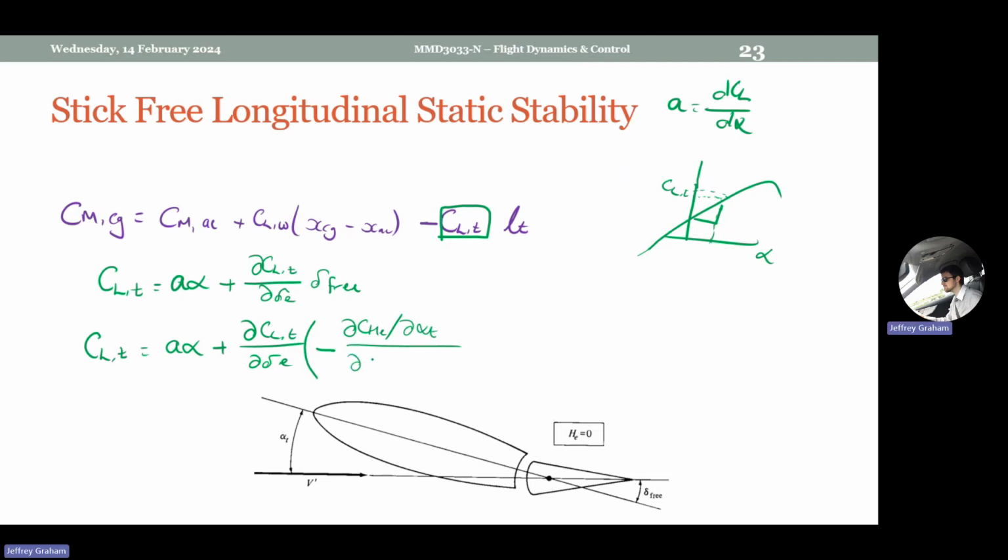The second hinge moment, which is based on the elevator, multiplied by the angle. Right, so alpha t means our trim point on that.